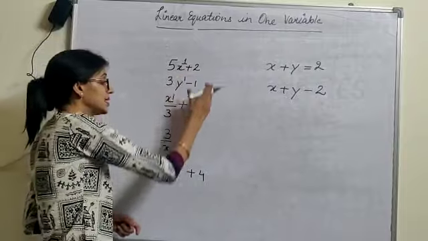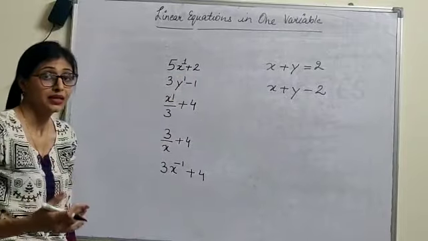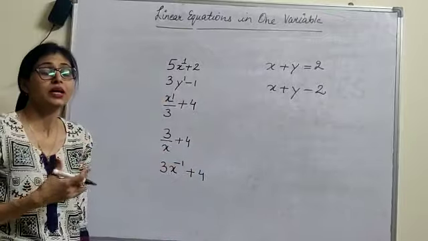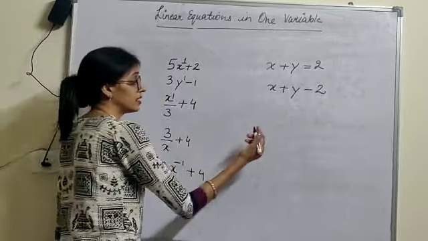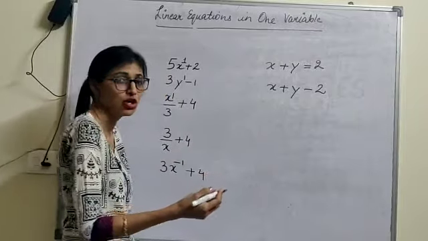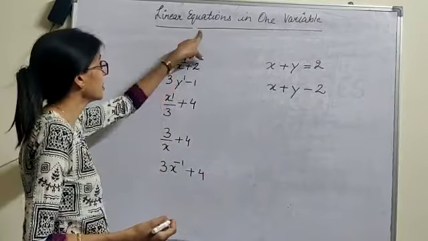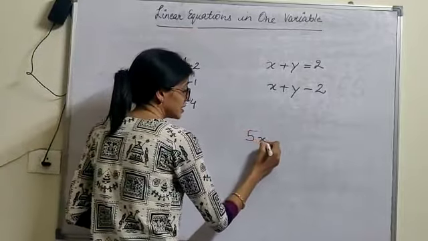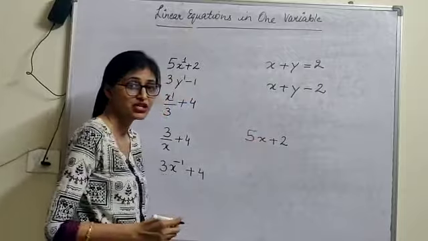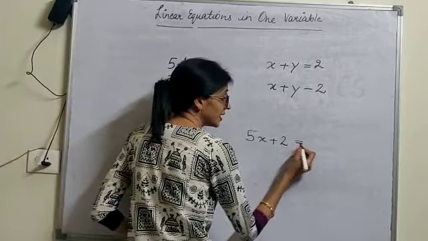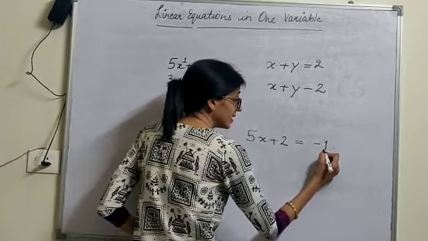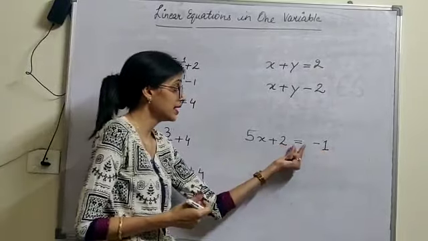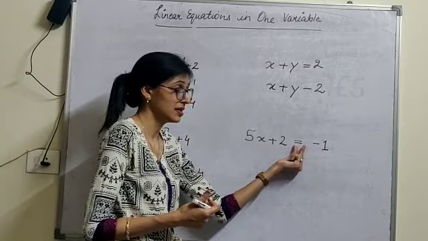Now, all these are expressions, but when we equate these expressions to some constant value, whether the constant is 0 or non-zero, then these expressions are converted into linear equations. 5x plus 2 is a linear expression, but when I equate it to any negative, positive or 0 value, there is an equals sign.